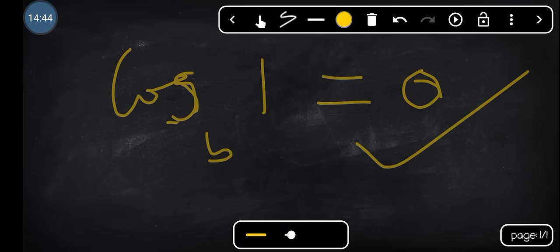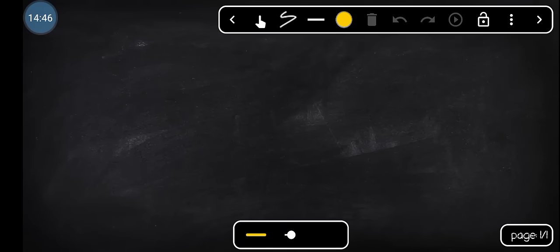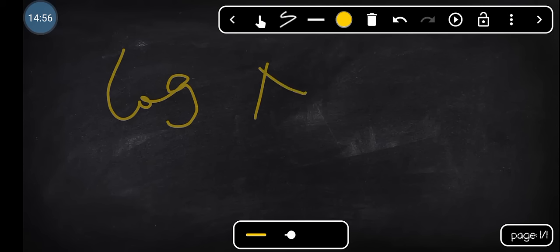So another one I want us to look at is log n base b raised to power 1 over a. The law states that if the base has a power, the inverse of that power is going to multiply the log.